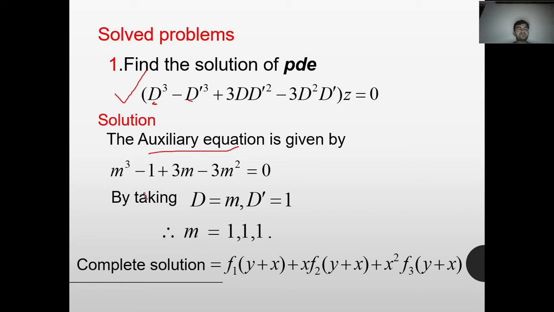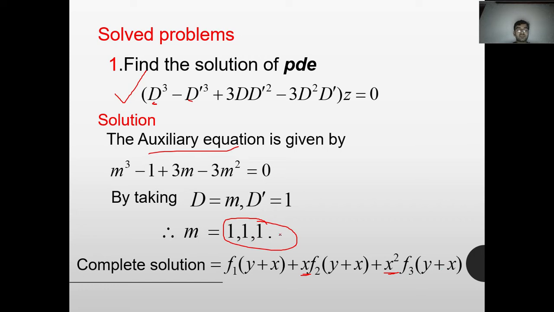Solving this auxiliary equation, we get the roots 1, 1, 1. This is a repeated root. So z is equal to f1 of y plus x, plus x f2 of y plus x, plus x square into f3 of y plus x.